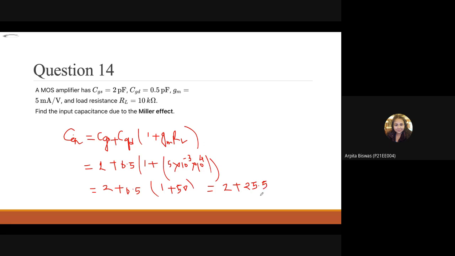So what is the answer? It is 27.5 picofarad. Is it clear?